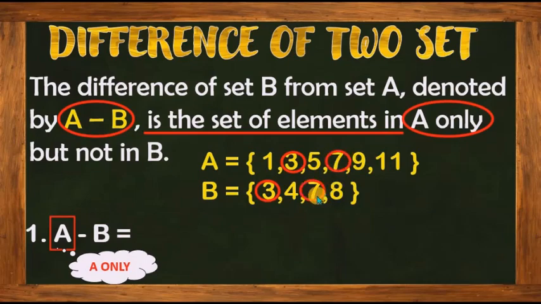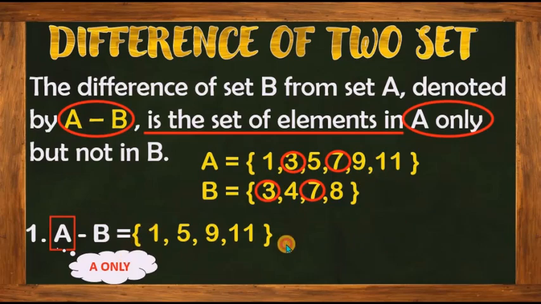After getting the common elements, we eliminate them. What is left of A? 1, 5, 9, and 11. So, therefore, that is the difference of these two sets.